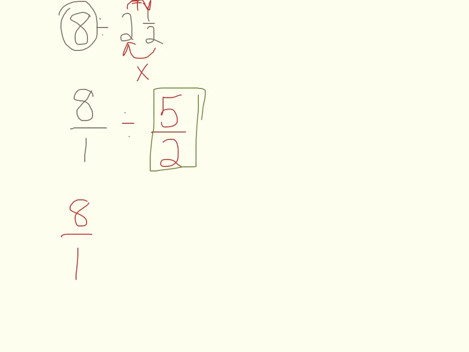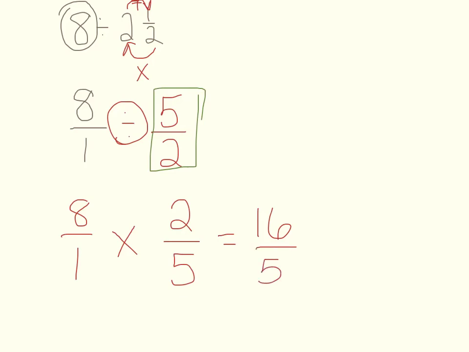The reciprocal of 5 halves is 2/5, and since we found the reciprocal, we need to make sure we do the inverse operation, which is multiplication. And we can go ahead and multiply now. 8 times 2 is 16, and 1 times 5 is 5. And again, we have an improper fraction, so we have to divide.